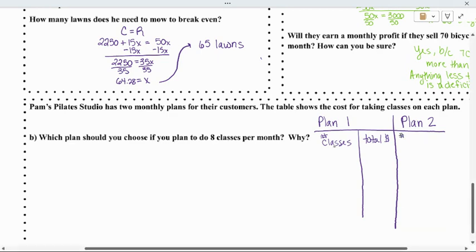So plan 1, number of classes, total cost. Plan 2, number of classes and total cost. Turn this into a red line so you can see that we're going to compare the 2 plans.